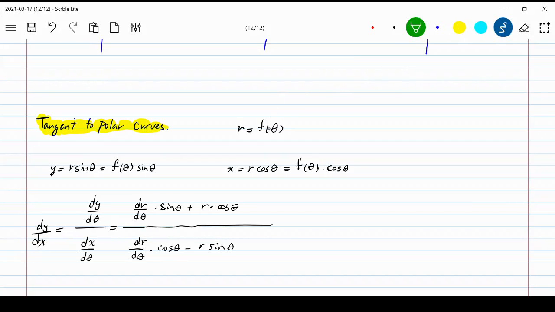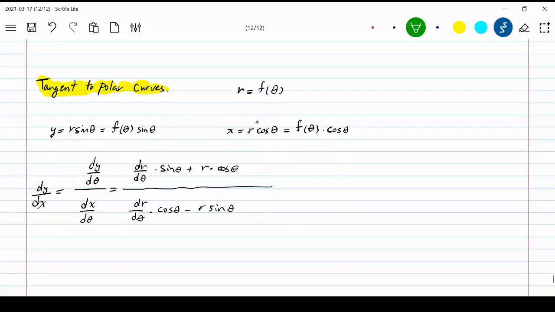So if I have a relation between r and theta, let's say r is given as a function of theta, then we know y is equal to r sine theta and x is r cosine theta, this is polar coordinates. Then instead of r, you can think of it as f of theta. So y is a function of theta, which is f of theta sine theta.